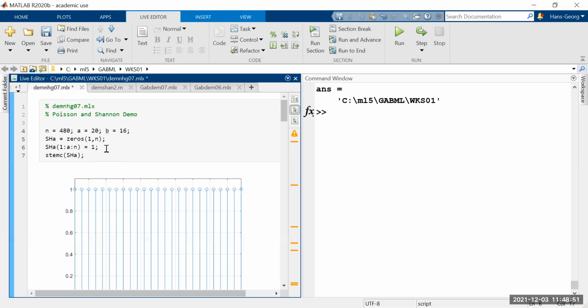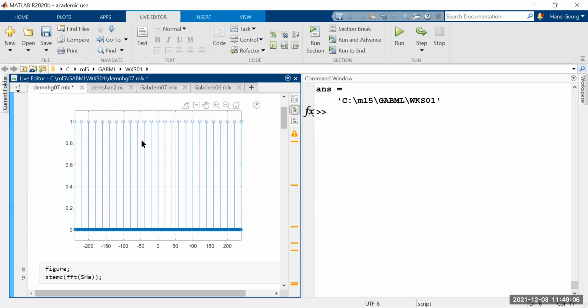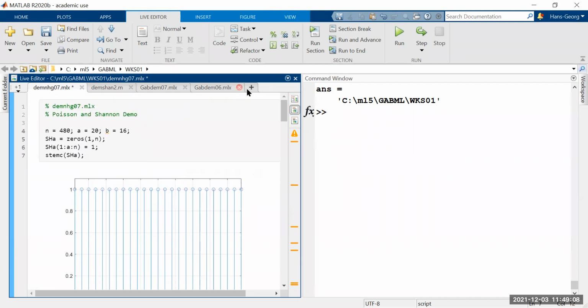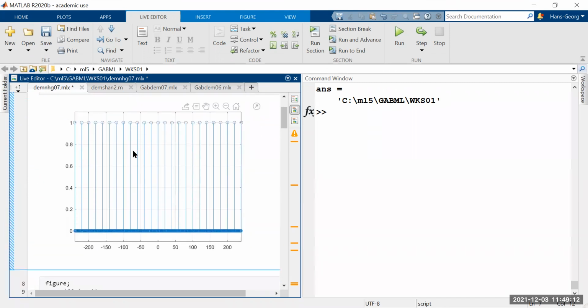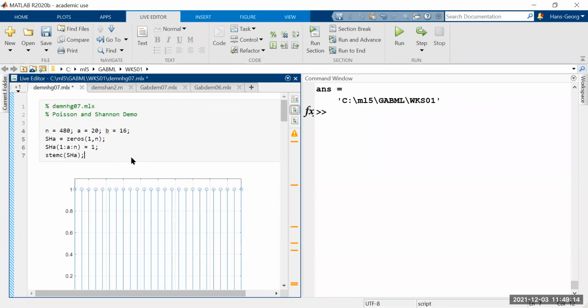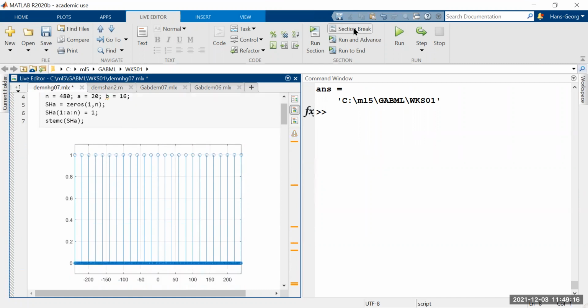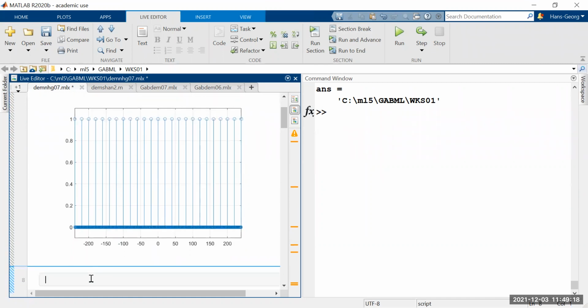In the original version of Matlab, you had to put ones of size 1 to n over A, but now the constant is enough. And the stem command is, of course, in this case better than the plot command, because plot would make a connection of these things.